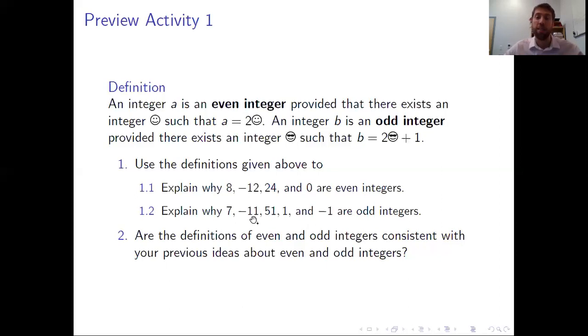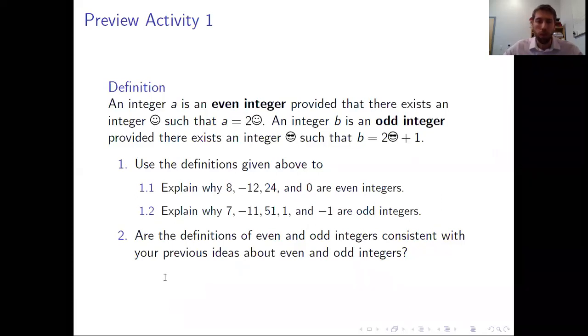Let's annotate this. Negative 11 equals 2 times negative 6 plus 1. Notice I have to have the plus 1 there because it matches this definition. So that's why negative 11 is an odd number.